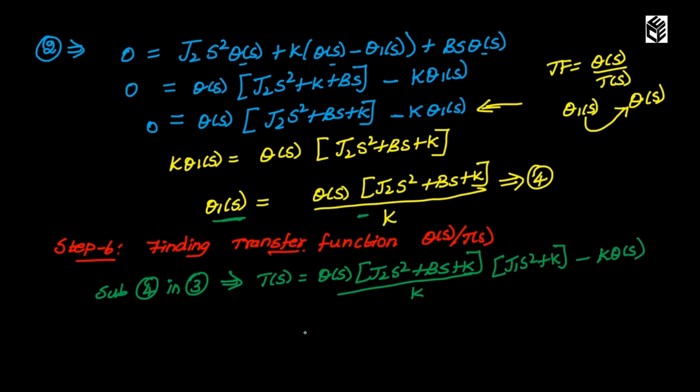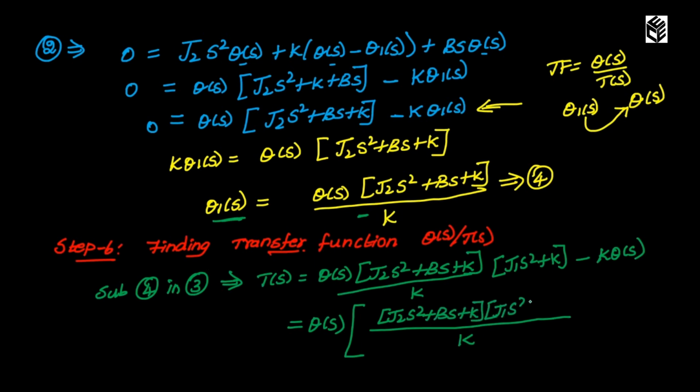From this I am going to take theta of s as a common factor, and take a common denominator K. So my answer is J2 s square plus Bs plus K into J1 s square plus K, minus K square. This is T of s.